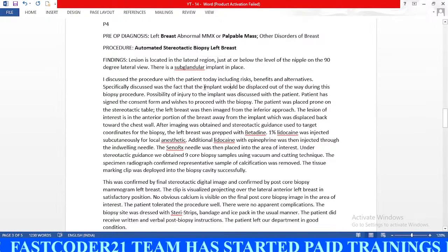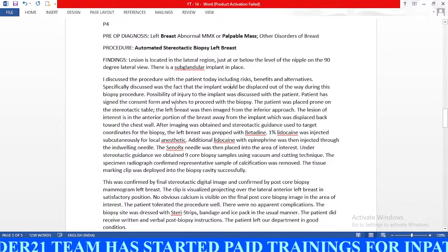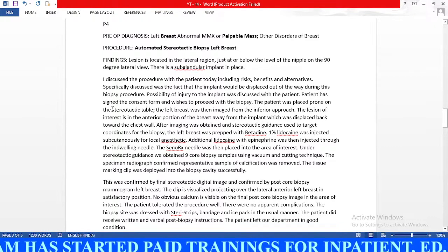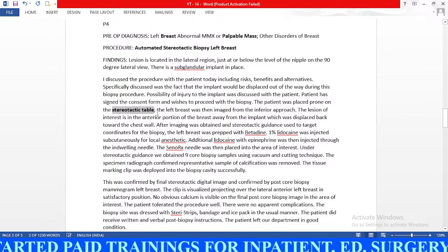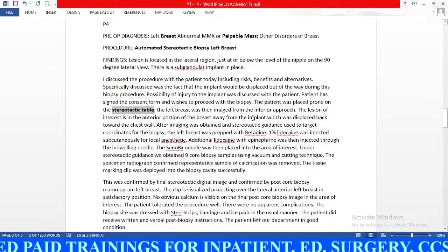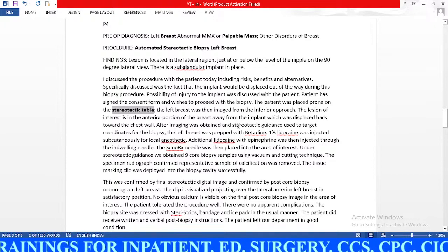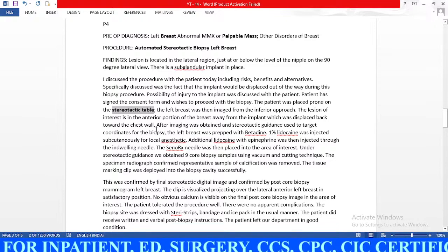Here the physician discussed the risks and possibility of injury, and the patient has signed the consent. The patient is prone on the, see here, stereotactic table. This is the keyword here. The left breast was then imaged from the inferior approach. The lesion of interest is in the anterior portion of the breast, from the implant, which was displaced back toward the chest wall.